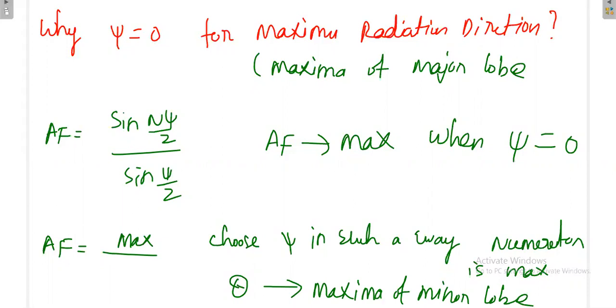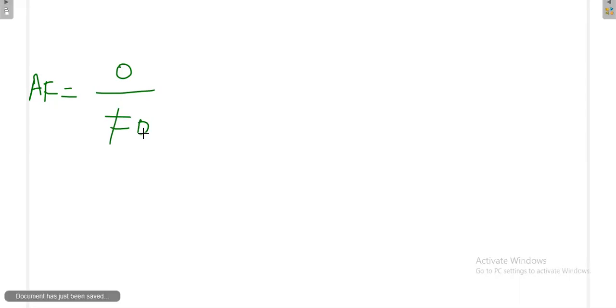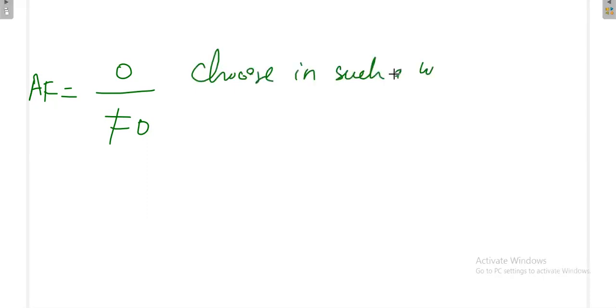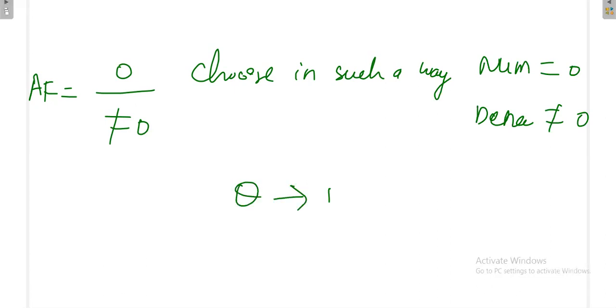So if you want nulls, you choose your array factor in such a way that your numerator is 0 but the denominator is not 0. Then very clearly 0 by something is 0. That theta gives the direction of nulls. Now you will get some angle, that is the direction of nulls.